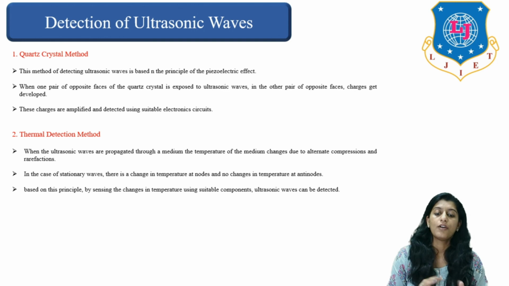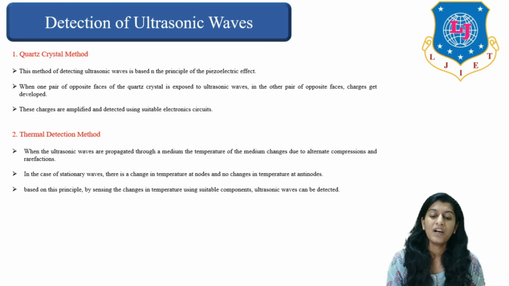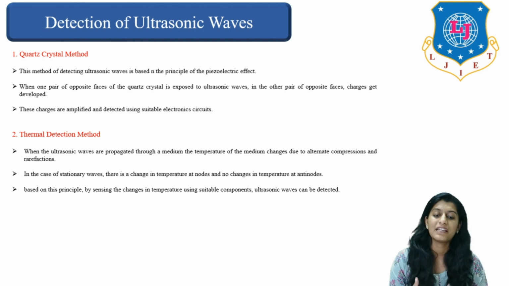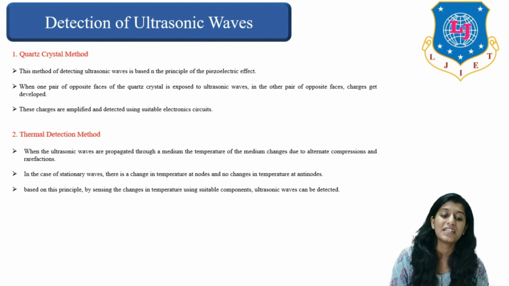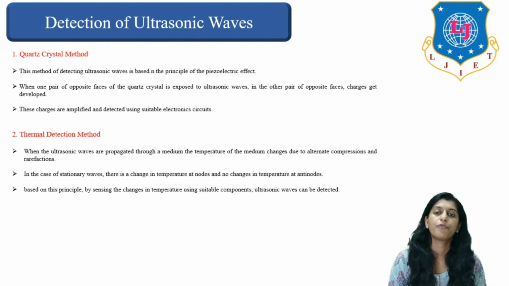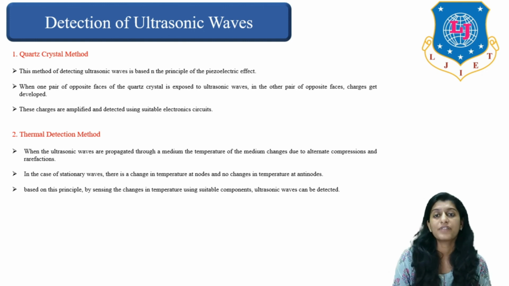So due to this, there will be a change in temperature, and in the case of a stationary wave, there is a change in temperature at nodes and no change in temperature at antinodes. So based on this principle, or based on the temperature difference, we can easily detect ultrasonic wave.